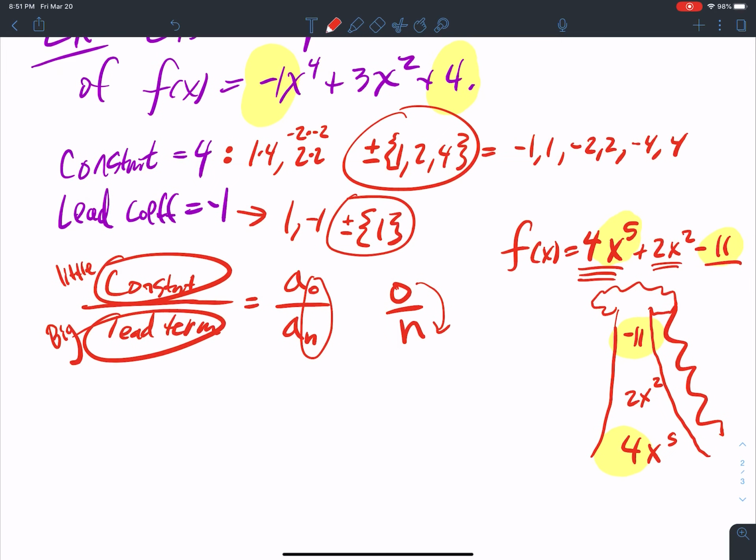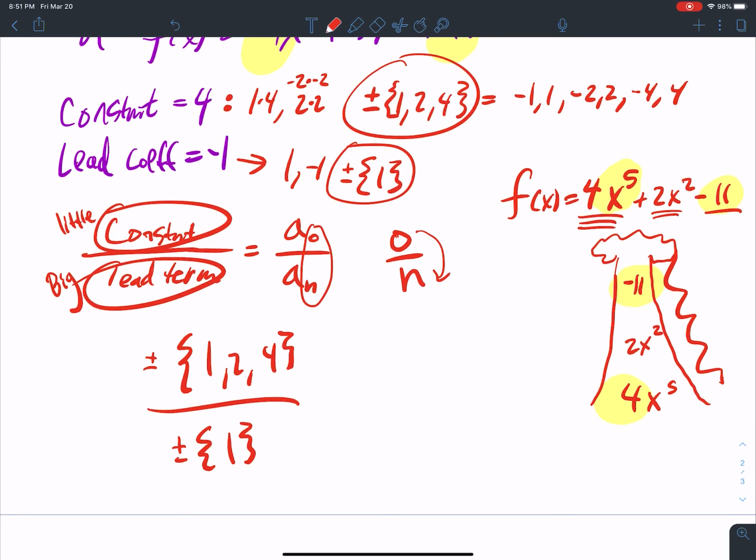Okay, so what are the constants? Well, those are factors from 1, 2, and 4, plus or minus. And then in the denominator, it's plus or minus 1, right? For the lead term. So we need to do all the pairs of this. So what are all the pairs? Well, I have a 1 paired with 1. So that's 1 over 1, plus or minus.